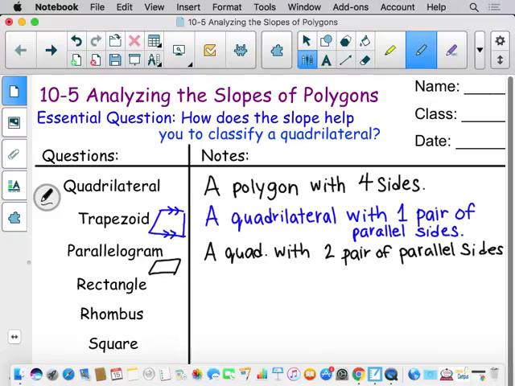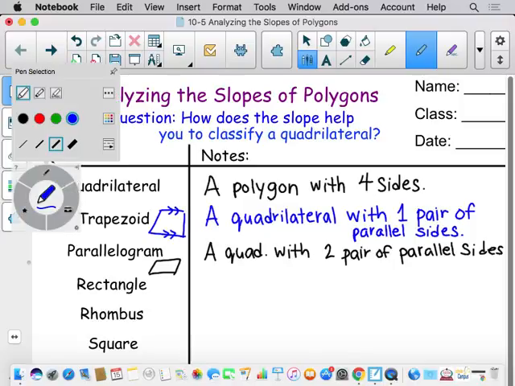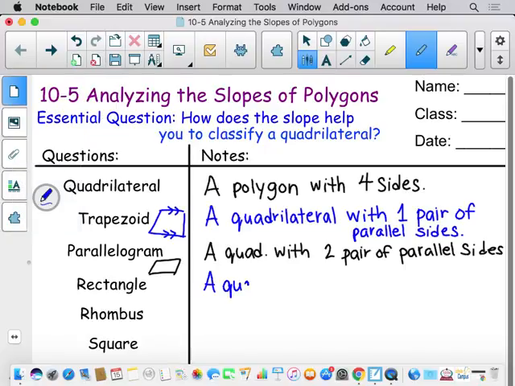The next vocab word is a rectangle. Well, a rectangle is a quadrilateral with four right angles. You could also think of it as a parallelogram with four right angles, because it does have opposite sides that are parallel.